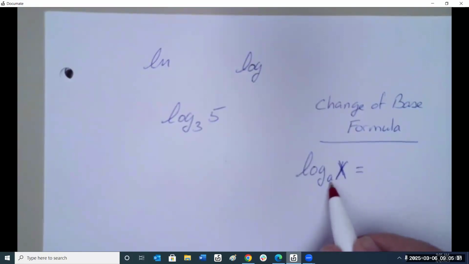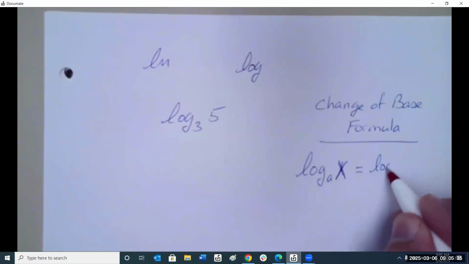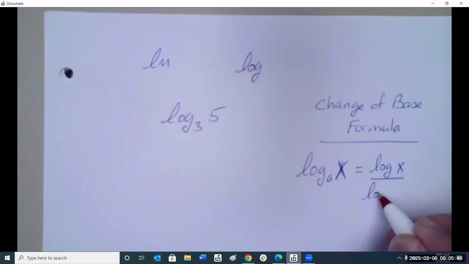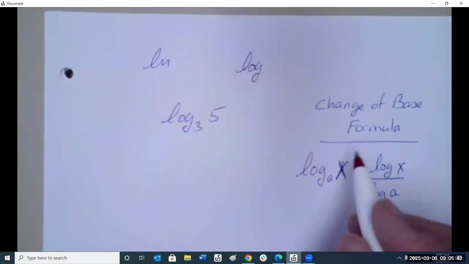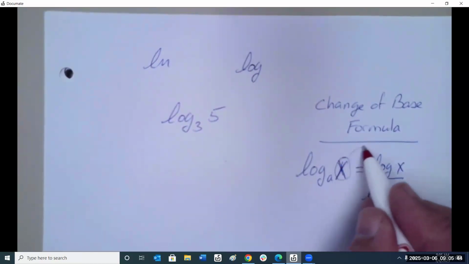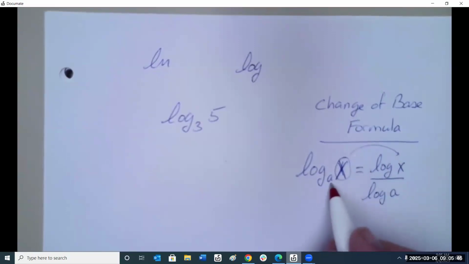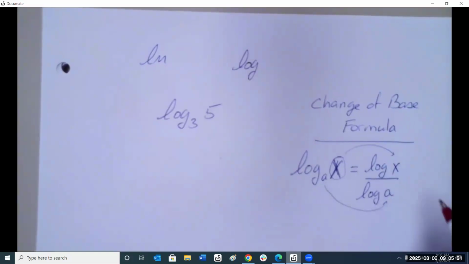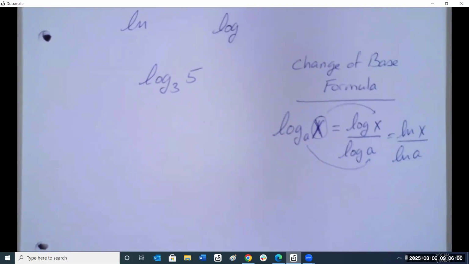Since our calculators can't handle anything other than e or 10, it's the ratio of whatever you're taking, and then the base will be the denominator. And they're both logs, or they're both going to be ln, because it's the ratio we're looking at, and that'll give us the same value.